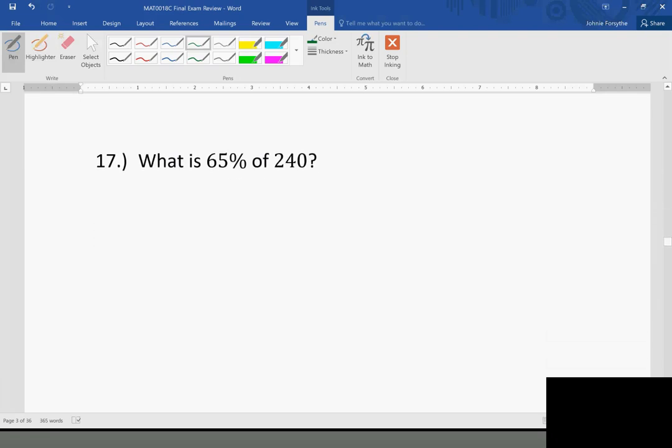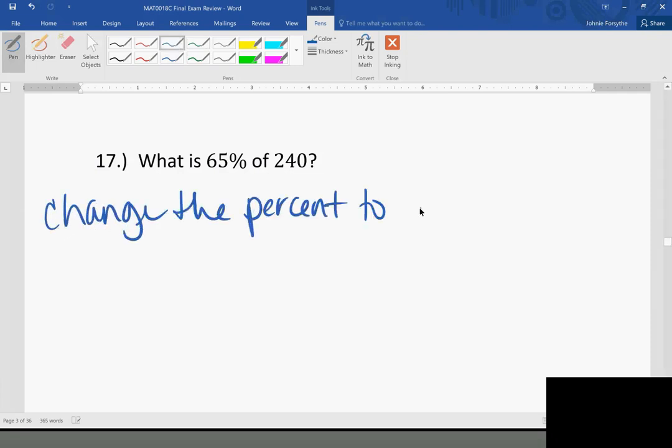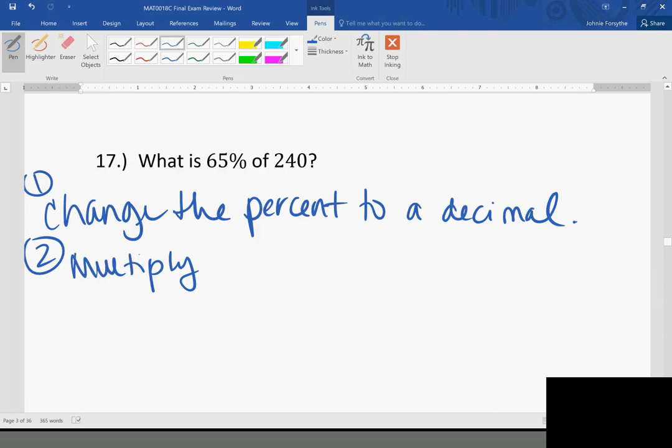Okay, 17. What is 65% of 240? To find the percent of a number, you first change the percent to a decimal, and then multiply the decimal with the number. So I'm going to change 65% to a decimal.